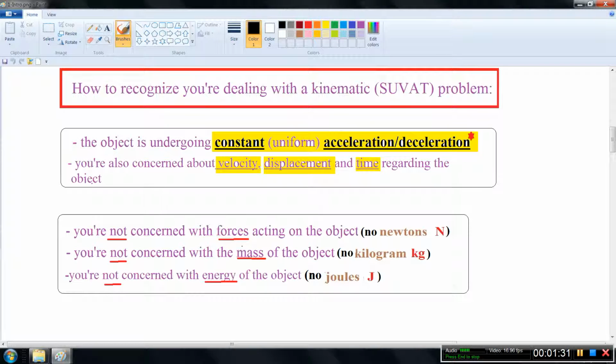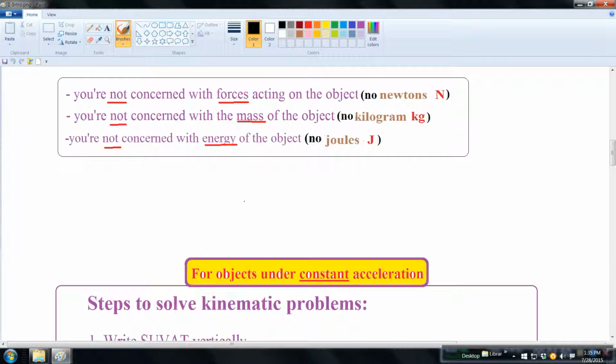You're not dealing with forces, you're not dealing with mass or energy, so there's no newtons or kilograms or joules. Those forces are involved with dynamic problems and static problems, and that's mentioned in the introductory video.